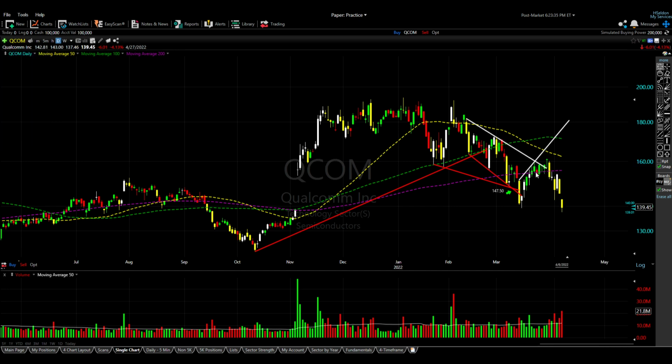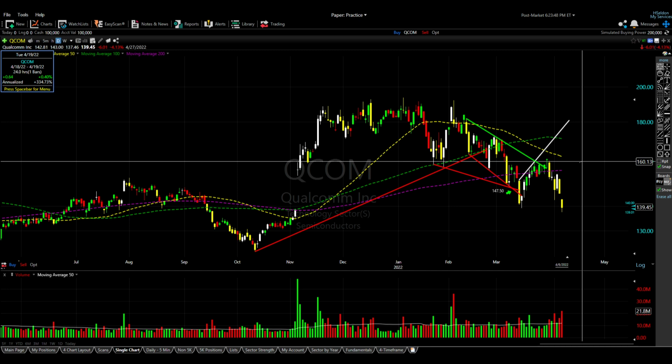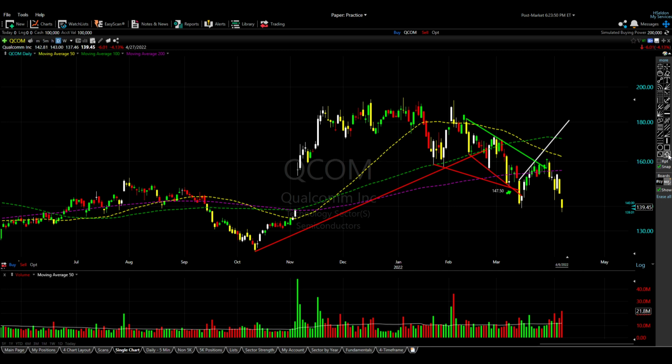And then this was acting as support and it got breached to the upside, so we'll make this candle green. And we have another cross here, right there, around 160. There we go. We have a cross right there, and it is at roughly 160.13.